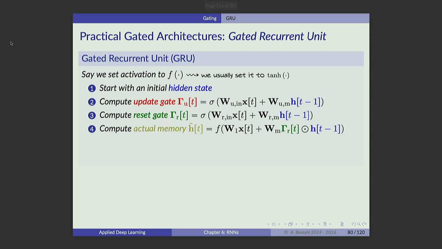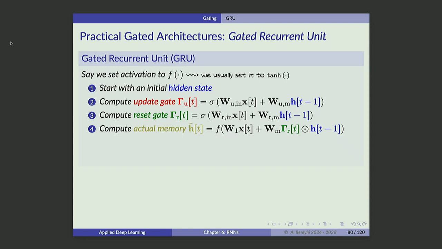How do you do it? First of all, you compute one fresh memory, h tilde t. This is computed with a bunch of new weights from the input and a gated version of your previous hidden state. Now, what does this reset gate do? It can kill the previous memory, right?